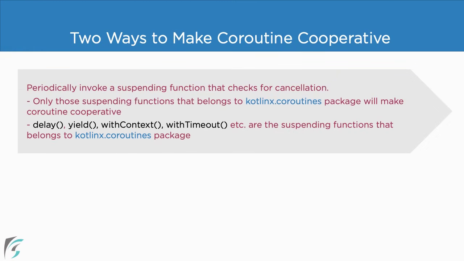Well, the reason is that at this point in our program, our coroutine is not cooperative. Because as per the statements written over here, in our coroutine we are not using any function that belongs to this package. So we have to use either of these functions that belong to the kotlinx.coroutines package, which will make our coroutine cancelable.